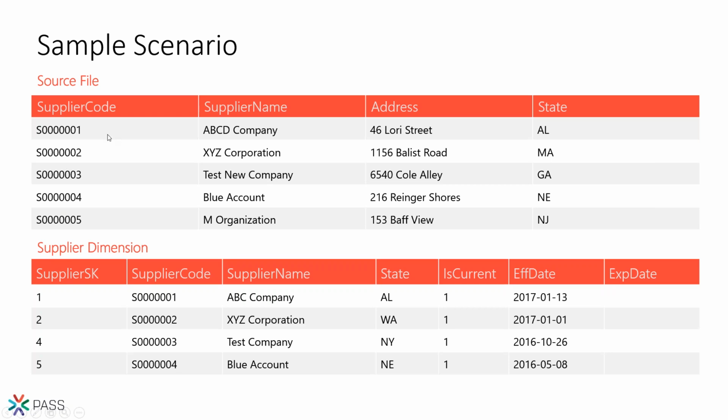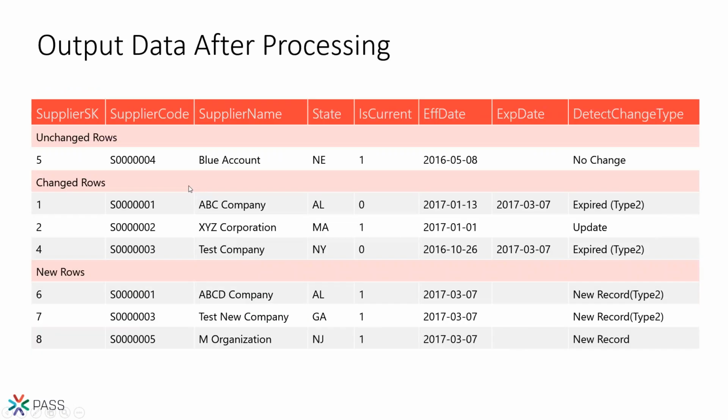This is our source transactional database. This is our data warehouse dimension table. So you can see we have ABCD company that is actually the same supply code as this one, but it's just a name change. Let's move on to the next page.